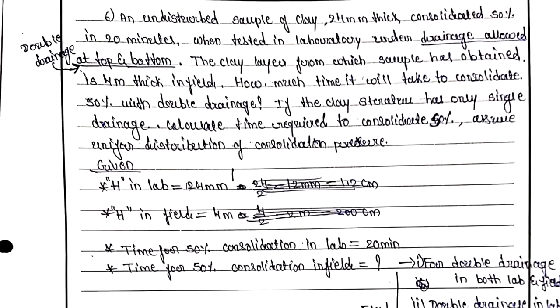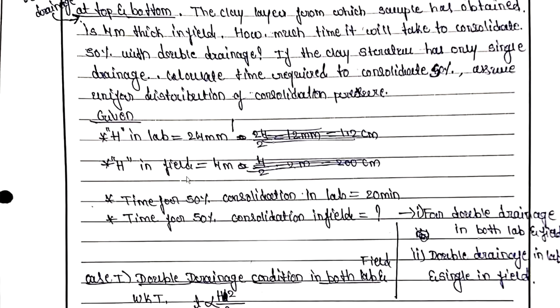So H in the laboratory is 24 mm, H in the field is 4 meter. This we have to note down. Time for 50% consolidation in the laboratory is 20 minutes. Time for 50% consolidation in the field is what we have to find out. But for that also there is a condition.